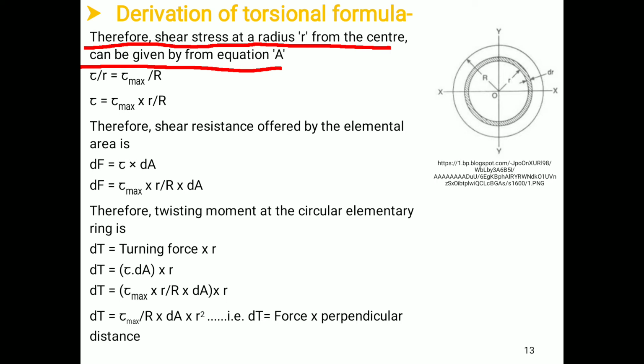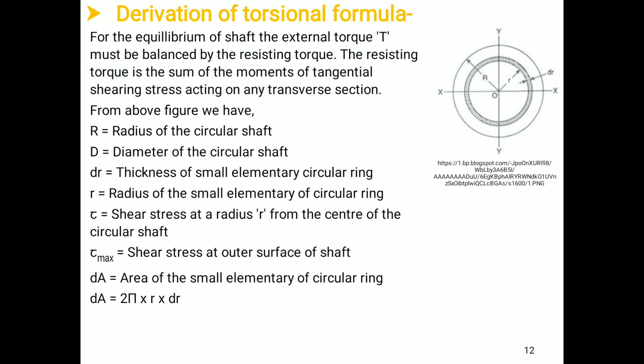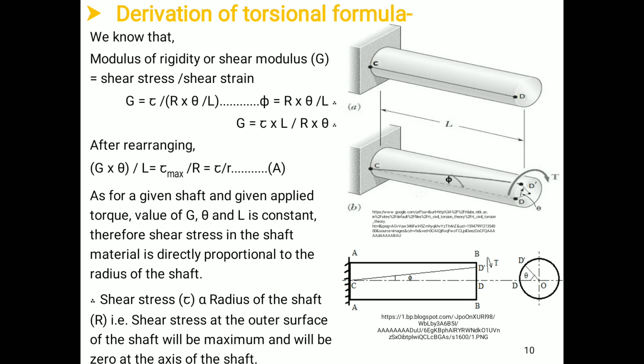We have discussed equation number 1 in the previous lecture also. In equation number 1 we have G theta upon L, tau max upon capital R, which is equal to tau upon r only.